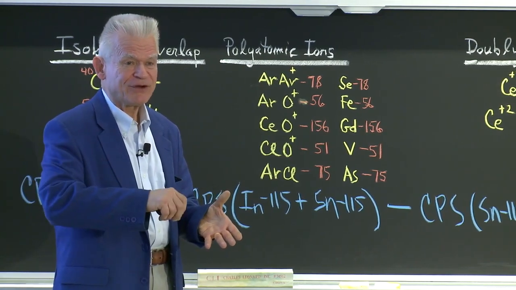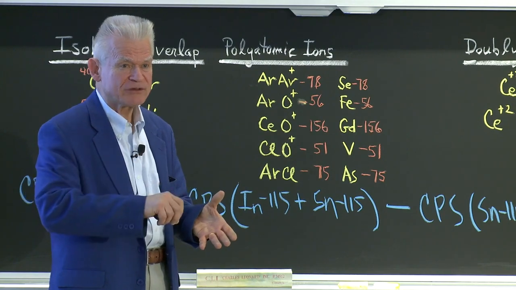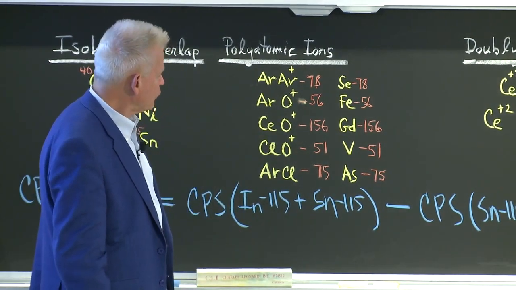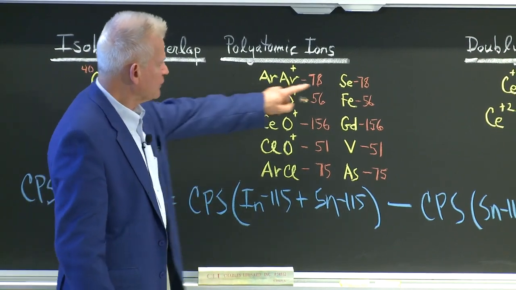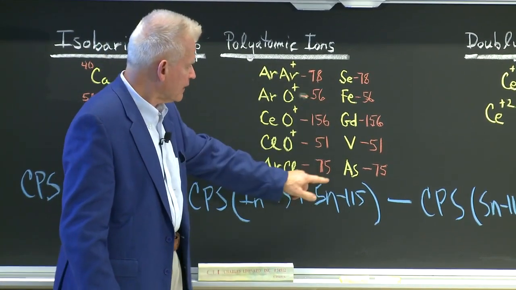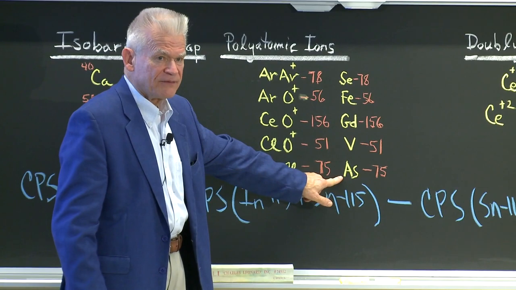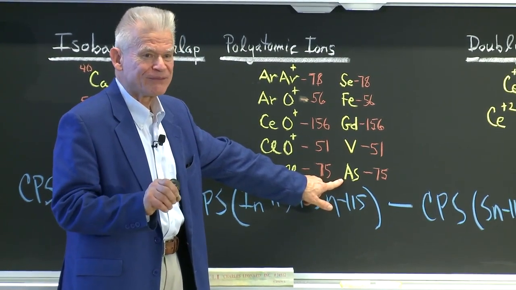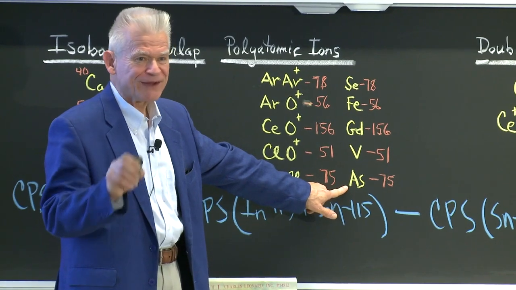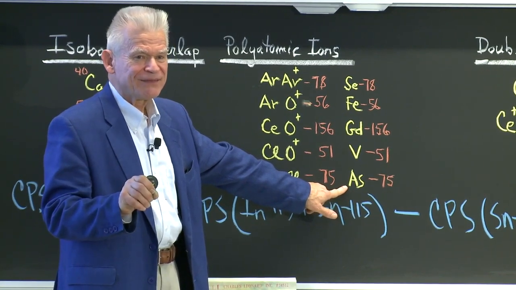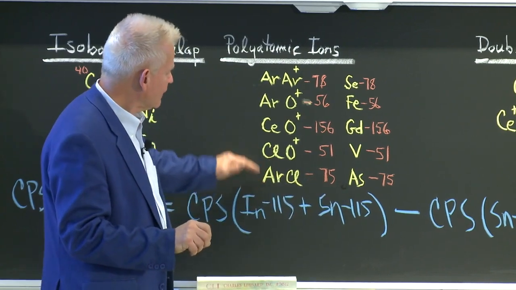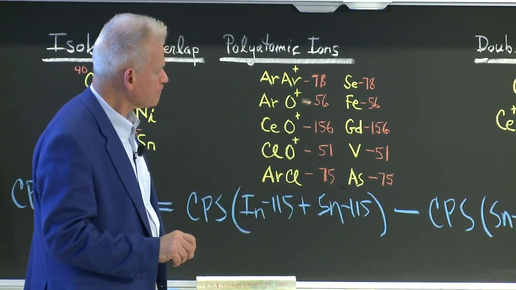Sulfuric, you're putting sulfur. Nitric, you're putting nitrogen. So you can have a whole slew of these. The two most challenging ones are selenium-78 and arsenic-75, because those two elements give the weakest signal of all the elements for ICP-MS. They only ionize about 30%. So we've got to get rid of these polyatomics.